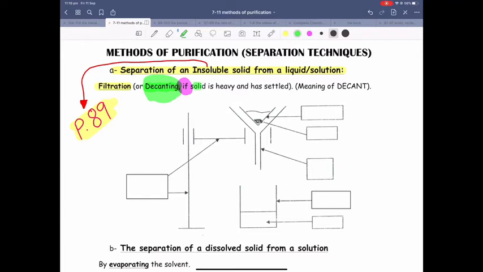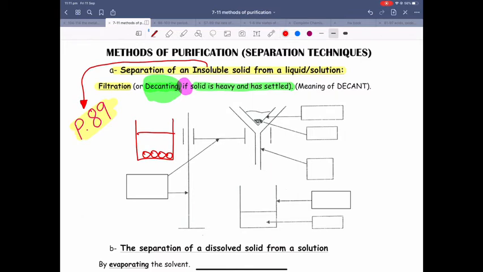If the solid is heavy and has settled. So, for example, imagine a beaker of water, and at the bottom you've got some stones or big pebbles, right? The pebbles are heavy, and so they've settled to the bottom.